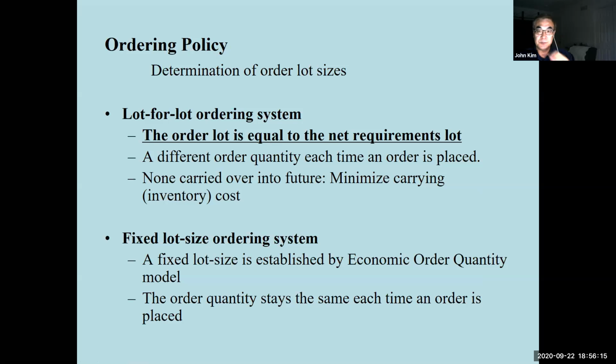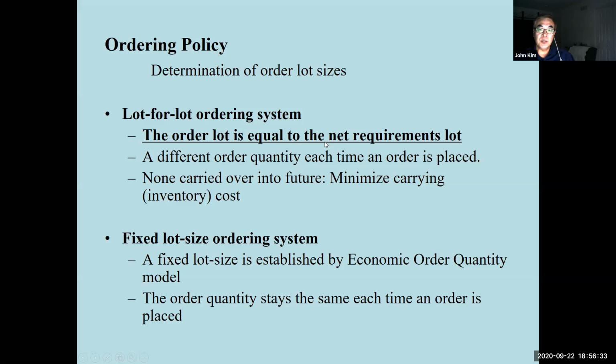Ordering policy: lot for lot ordering system and fixed order lot system. If they use the lot for lot ordering system, then the order lot is the same as the net requirement.